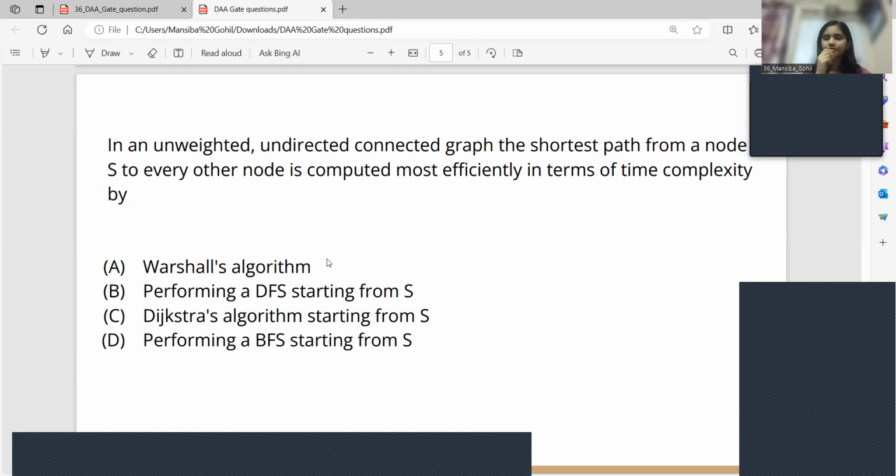Connected graph means that there should not be any single node which is disconnected or not connected to any other nodes of the remaining portion of the graph. Undirected basically means that there should not be any certain directions provided.